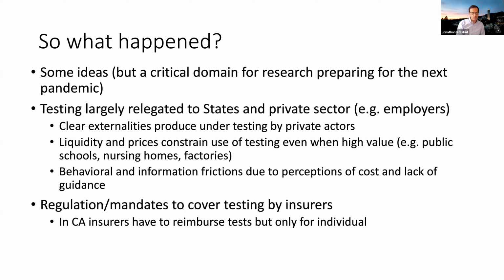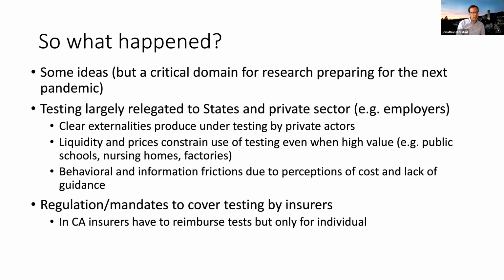Paul Romer, for those of you familiar, the macroeconomist, made this point early on: if the cost of the pandemic is something like 30% of GDP, we should be able to pay for a strategy to test people to stop it. On the other hand, because there was no budget for this, the people actually implementing it didn't have the money to pay for it. There is not a lot of slack in public school budgets, even if we think that for society, the ROI of reopening them was high.